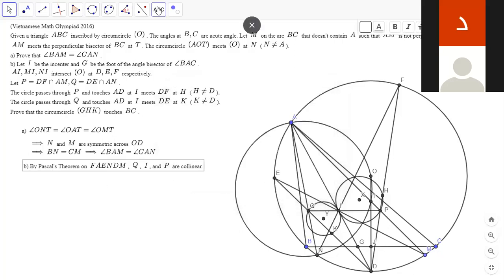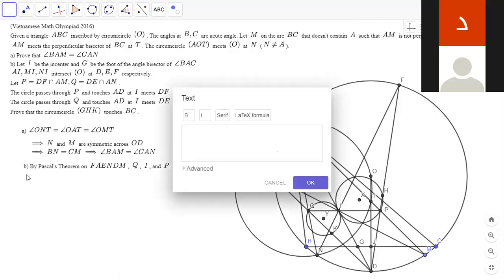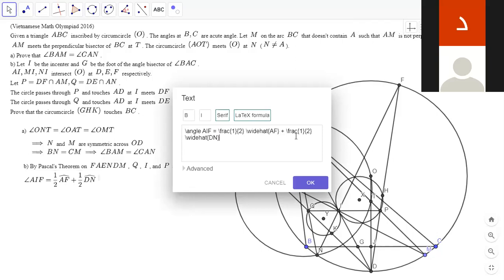So we have angle AIF is half of AF plus half of BN, and that's half of AF plus half of DM.